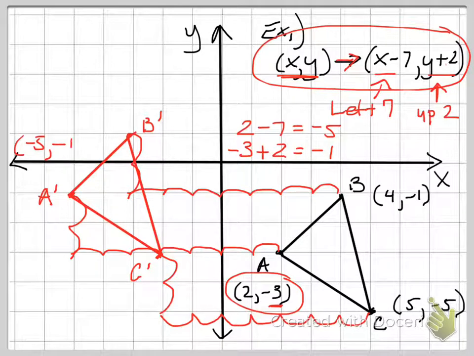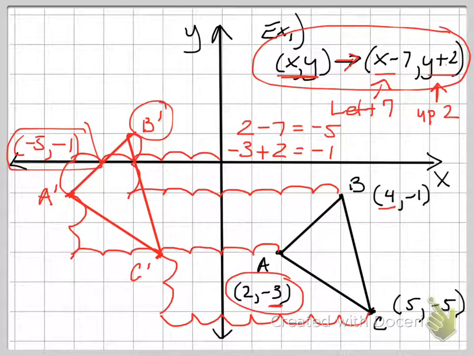So let's see if that's correct. Coordinates should be (-5, -1). This is my A prime right here. Let's check. That is going to be 1, 2, 3, 4, 5, negative 5, and then down 1, that's negative 1. So yeah, that's correct. If you applied 4 minus 7, that's going to be negative 3. Negative 2 plus 1 is going to be positive 1. So B prime should be at (-3, 1), which it is.